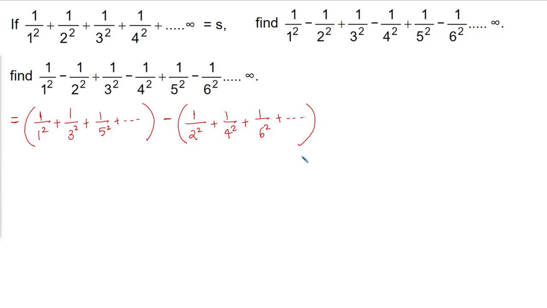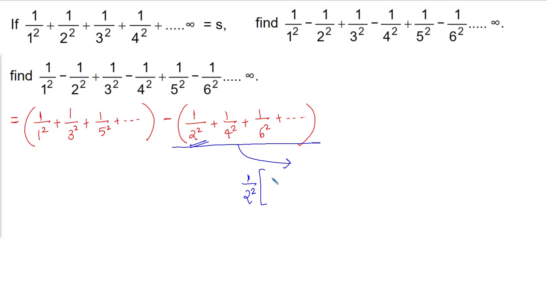So let's have a look at this second bracket. Can I say I can take 1 by 2 square common? From this second bracket I am going to take 1 divided by 2 square common. So what is remaining in this bracket? Look here, this 2 square is nothing but 2 square into 1 square.